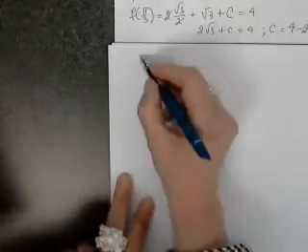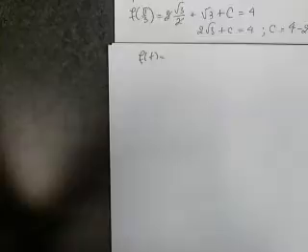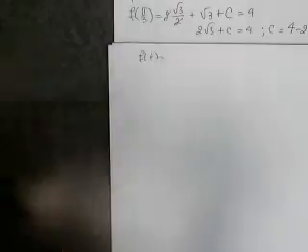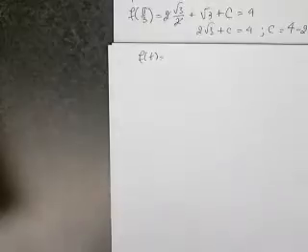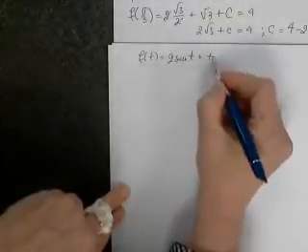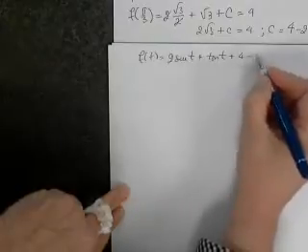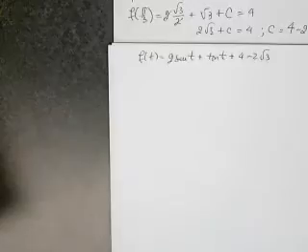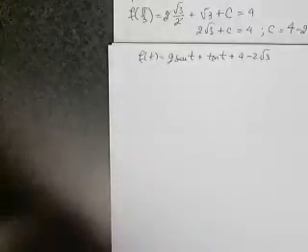Can anyone give us f of t now that fulfills this condition as well as this condition? 2 sine t plus tangent t plus 4 minus 2 root 3. So this is the unique function that fulfills the given conditions.